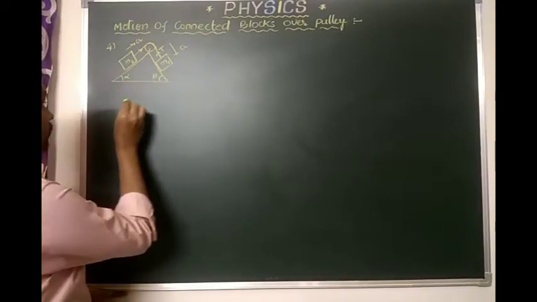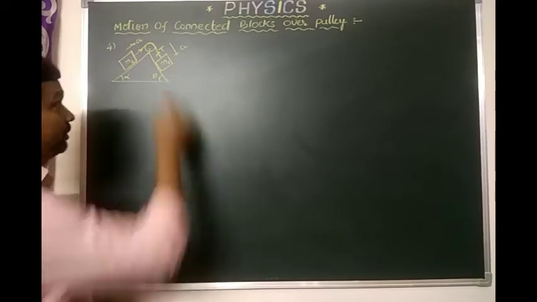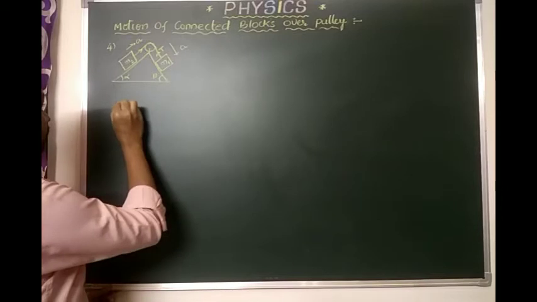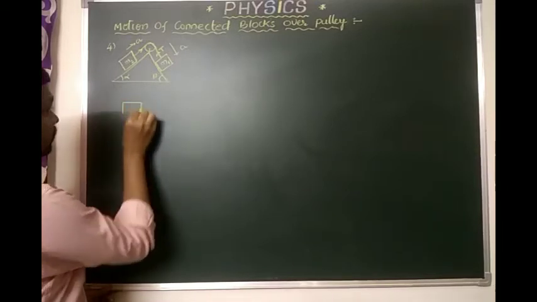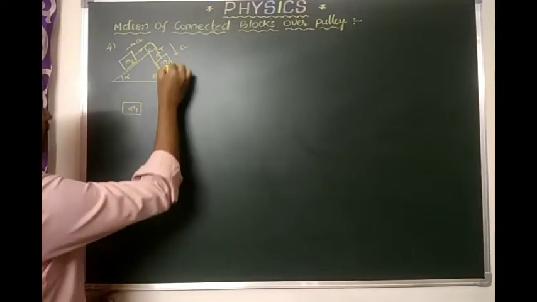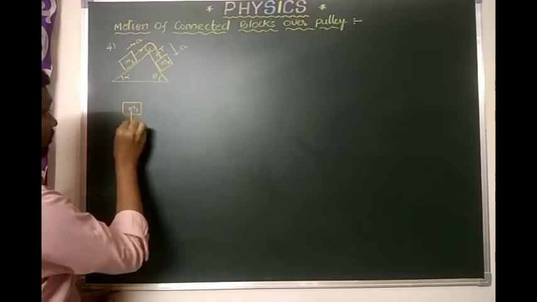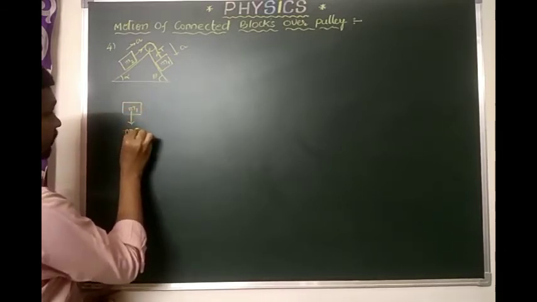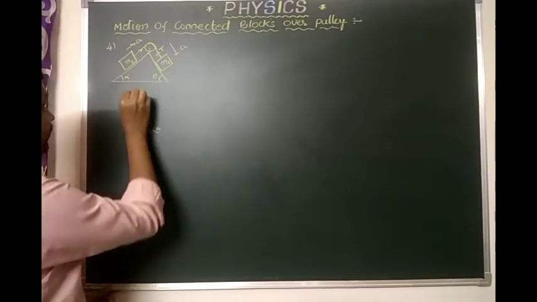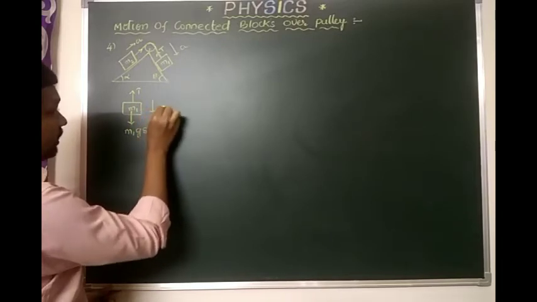Okay, so here we need to find acceleration and also tension. So we need to draw free body diagrams. M1 I am drawing. Actually, just like what we got before, in the same manner. M1 in downward direction, the component will be m1g sin theta, tension will be in upward direction and acceleration will be downward.